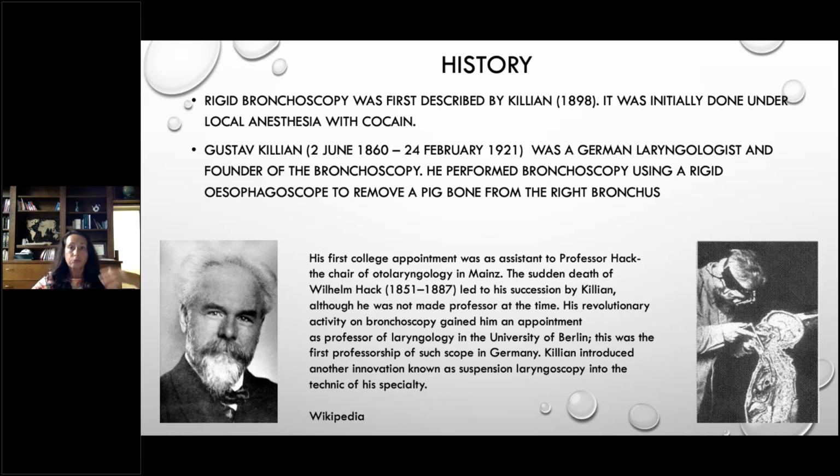And he was the first one to remove a pig bone from the right mainstem bronchus. He was a professor at Mainz and then became a professor at the University of Berlin. And he was actually establishing the subspecialty of laryngology, because it did not even exist at that time.